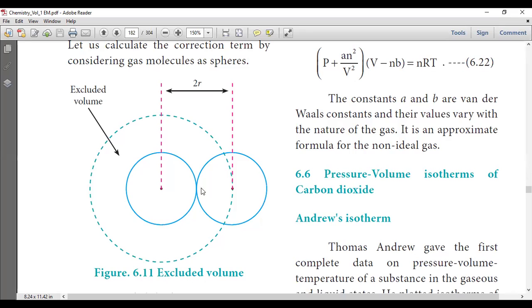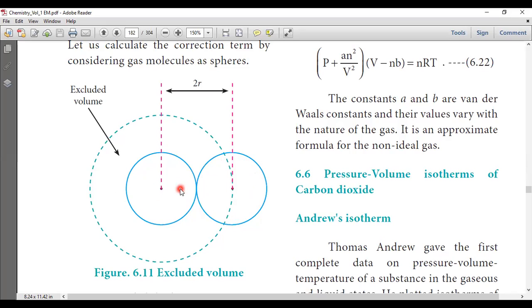See here, the blue circle is the gas molecule. This is one gas molecule, and this is another gas molecule.